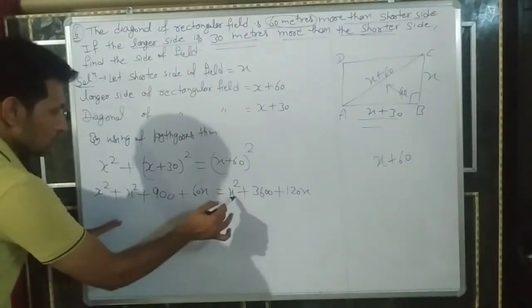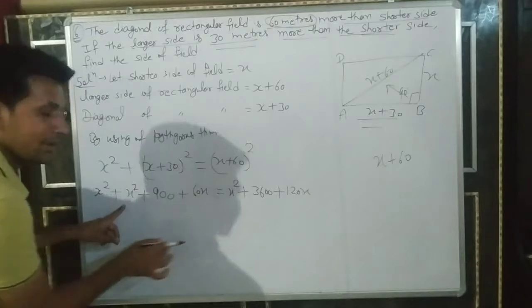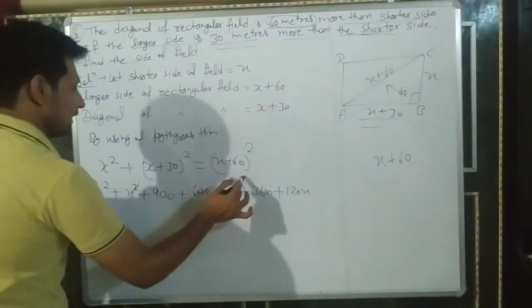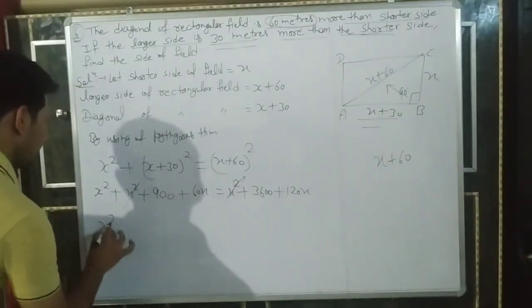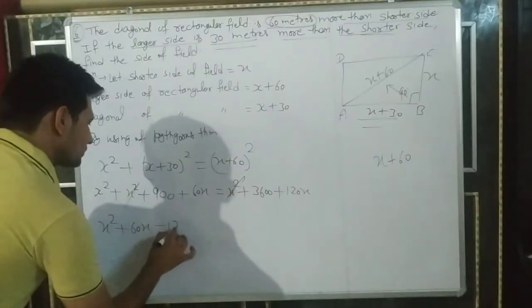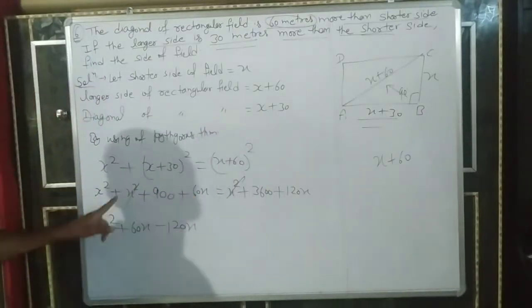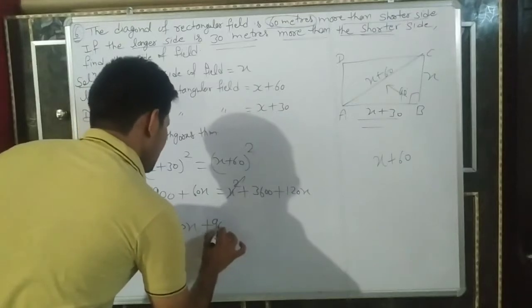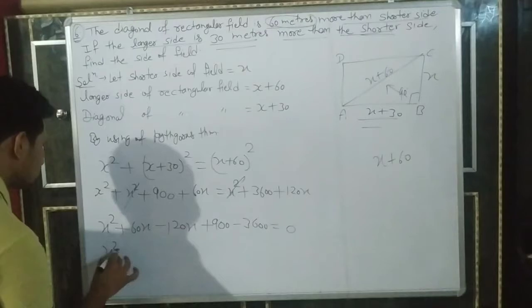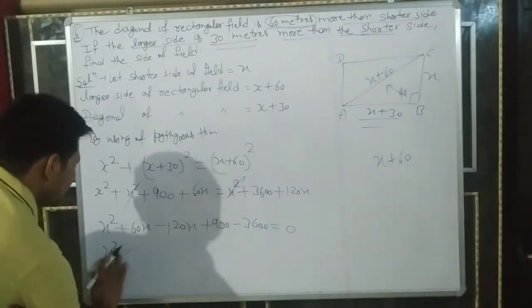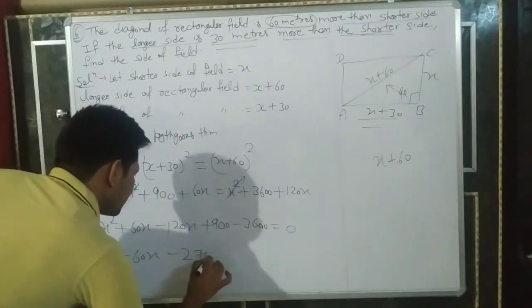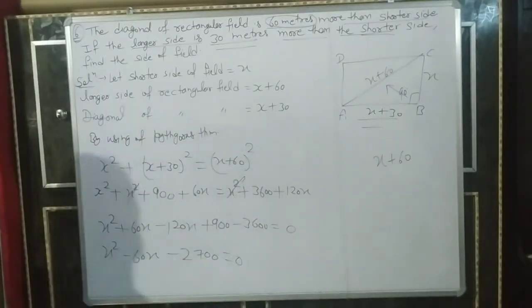Look, x square is positive on one side, and on the other side it becomes negative, so positive minus positive is 0. The x square minus x square you can cancel. x square plus 60x minus 120x, on the other side negative. What remains? Plus 900 minus 3600. So we will write x square, how much? It remains minus 60x, it remains minus 2700 equal to 0.